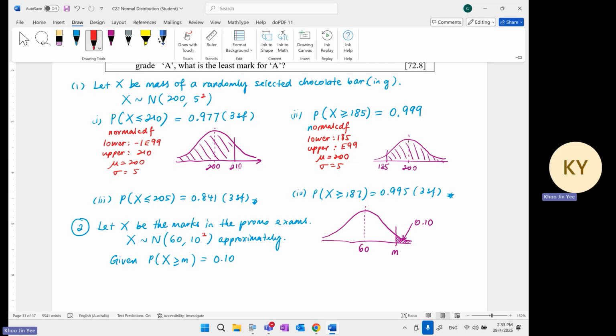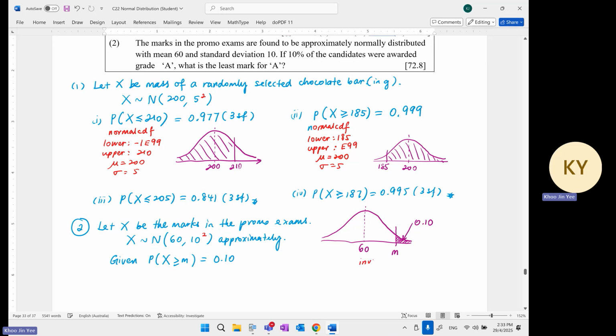We need to key in inverse normal. What is the area? Area is 0.10. The mean is 200. Standard deviation 5. For this one, what tail is this? It is a right tail, right? So you use your right tail like that.